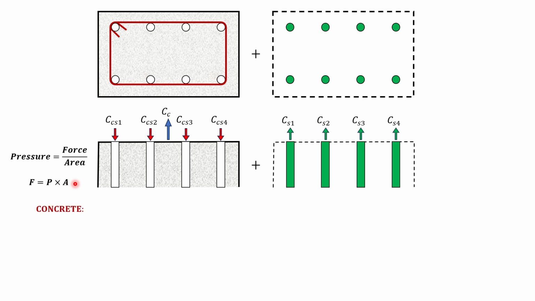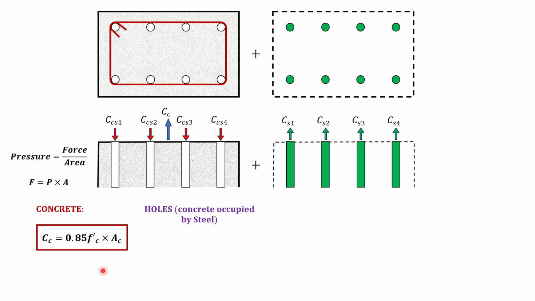Now, for the concrete, this is our force, and then we denote the force of the concrete to be C sub C. And the pressure acting for the concrete, by our code, it is stated that it is only 85% of the compressive force of a concrete. That is 0.85 F prime C. Now area is simply the area of the concrete with a subscript of C here.